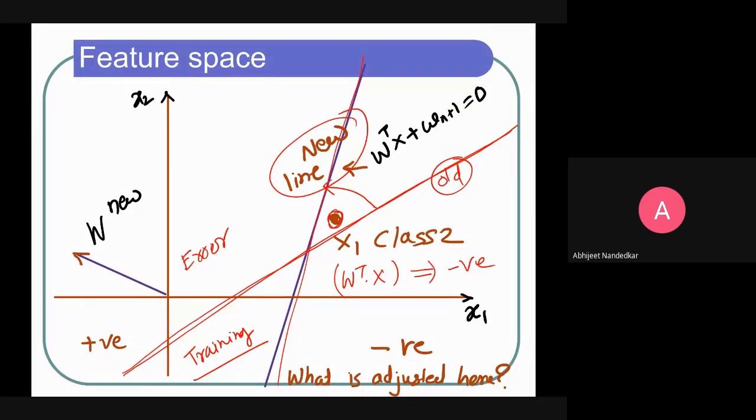So what we are actually adjusting here, can you identify how I have tilted this line to this position? What is in my hand? Any guess?